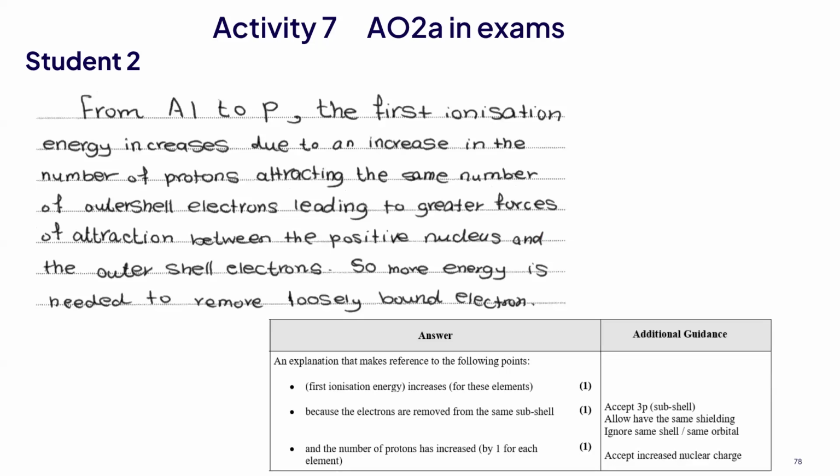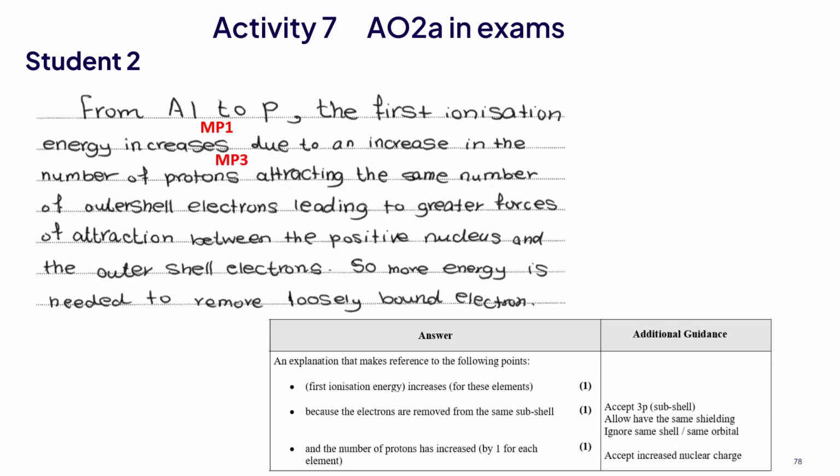Okay, second question. Look for increases. Doesn't take long to find it. Look for something that states because the electrons were removed from the same subshell. Or look for number of protons increasing.